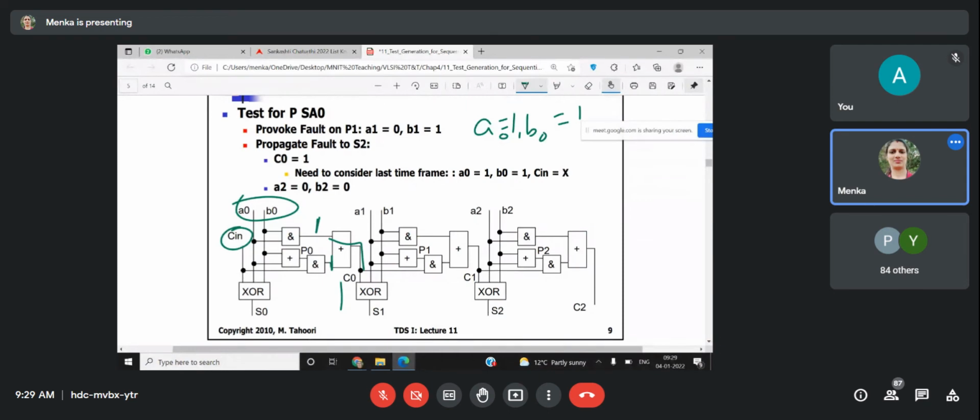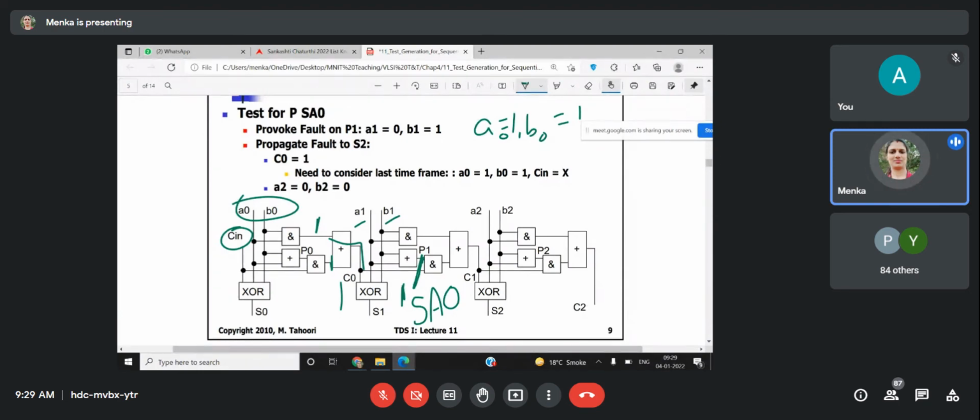Okay? Now, what is the next target? The next target is to propagate this fault. This is stuck at 0. What do you have to make it? You have to make it 1, right? If this is stuck at 0, your job is to bring 1 here. When will 1 come here? Look here, Ai, Bi, both of these are here, and the OR of these is actually Pi.